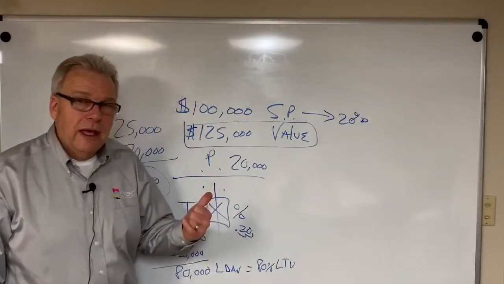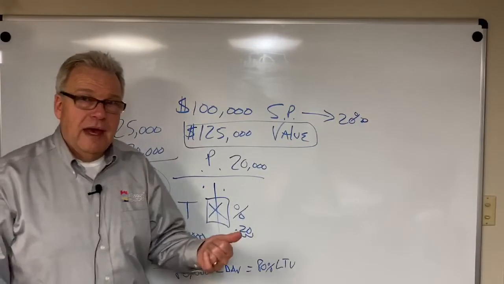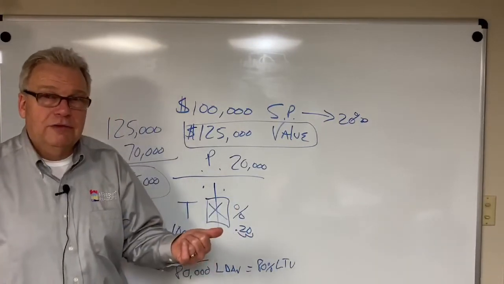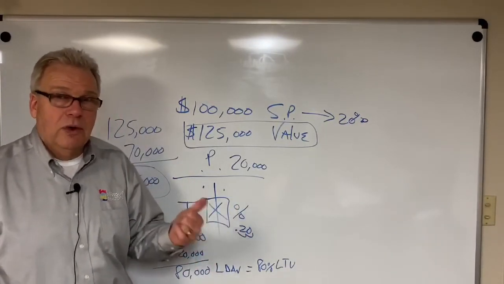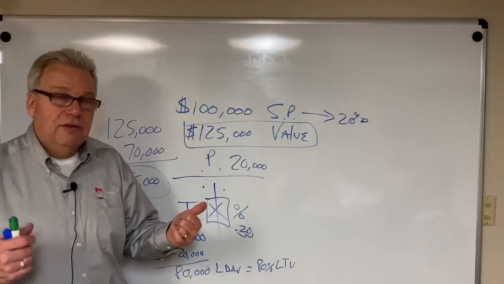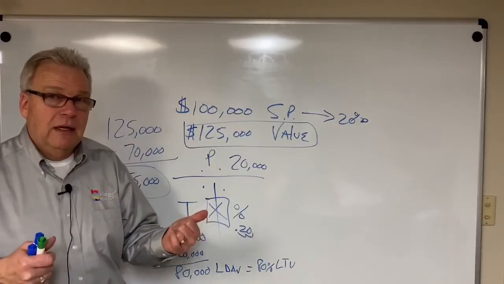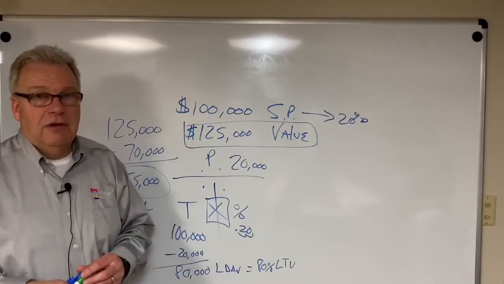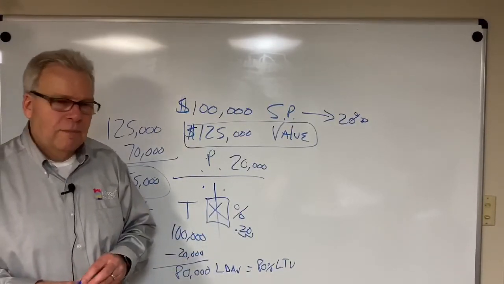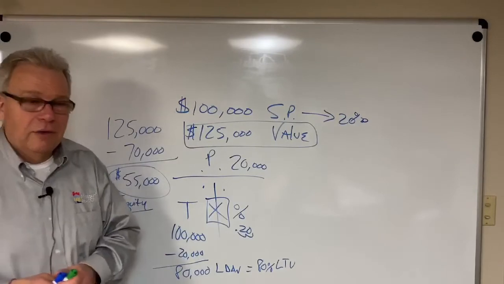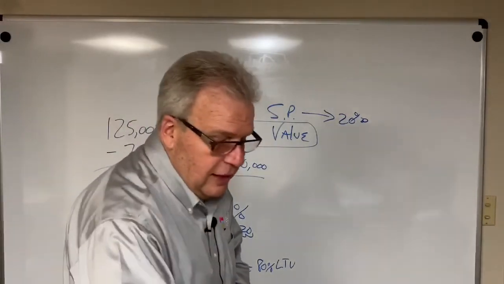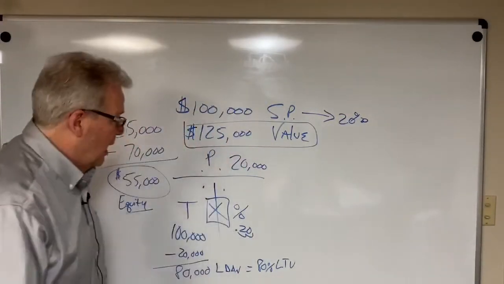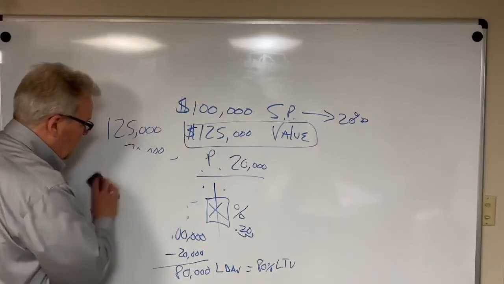So just look at what's the value of the house, and if there's no value listed, then it's the loan balance you're working off of, and how much has he or she paid off on the loan, and that's going to tell you how much equity they would have in there. So you do need to understand the principle behind equity in the house.